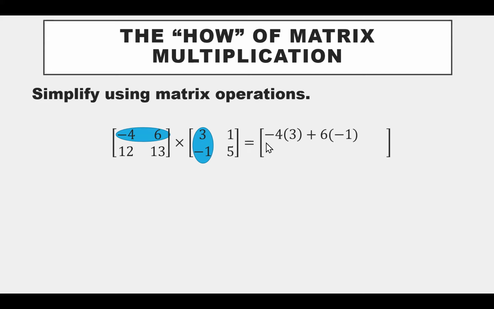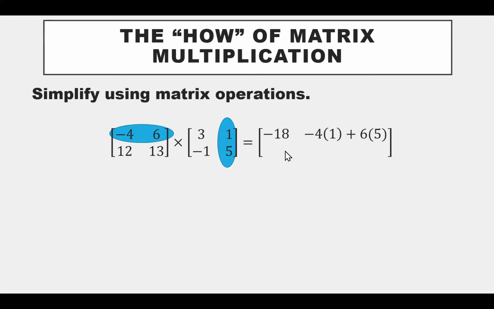Now, the way we multiply is I take -4 times 3 and then 6 times -1. Most people think of this as taking your first row and rotating it 90 degrees and then multiplying it times 3, -1. -4 times 3 is -12 plus 6 times -1 becomes a -18.